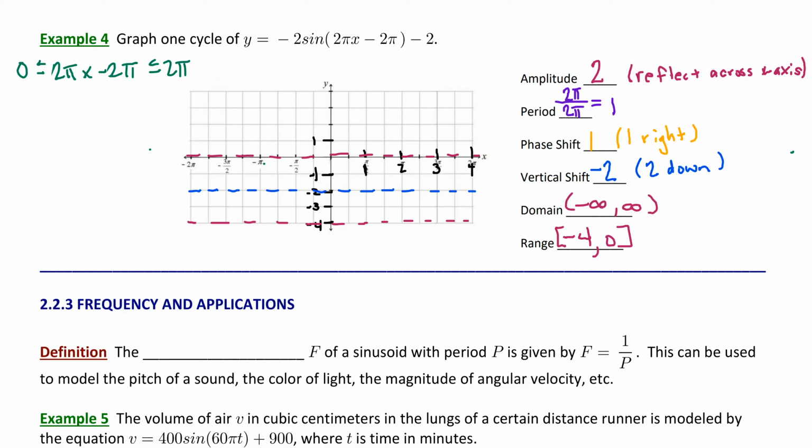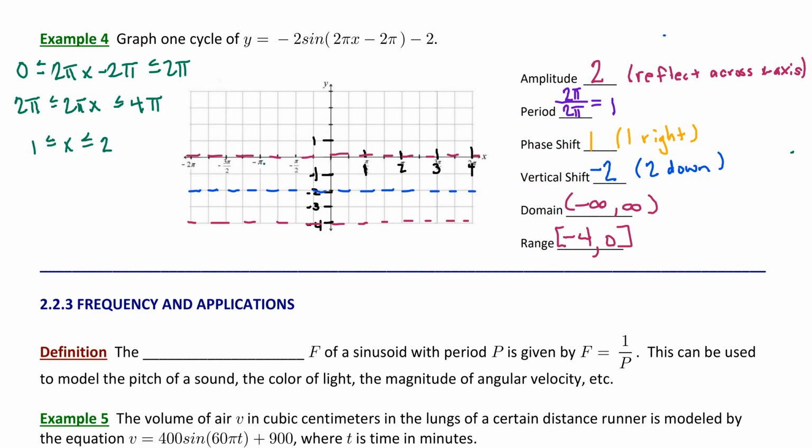Either way is going to be fine. So I'm going to add 2 pi all the way across this inequality, and then divide everything by 2 pi. So we end up with 1 less than or equal to x less than or equal to 2. So our first fundamental cycle is going to range between x equals 1 and x equals 2.